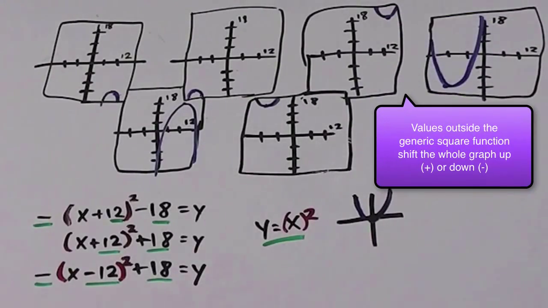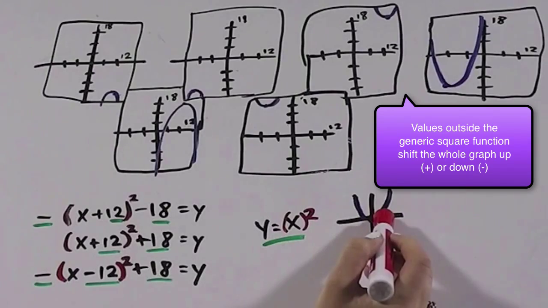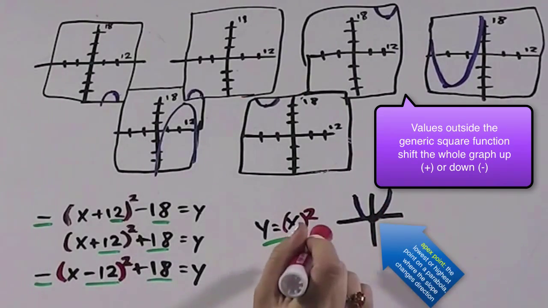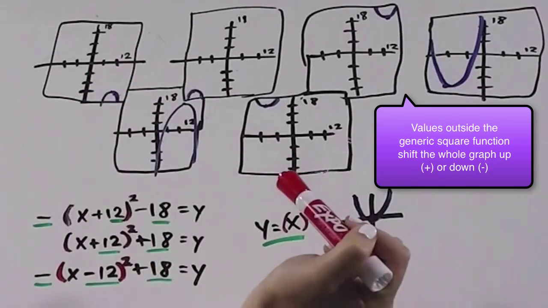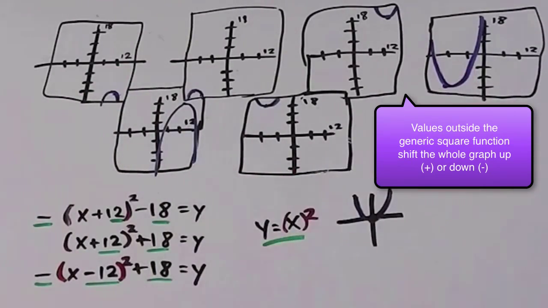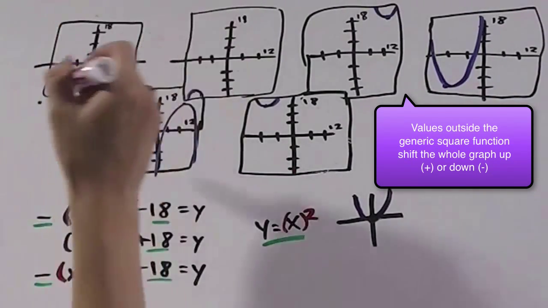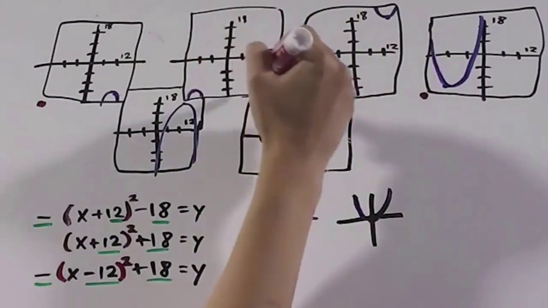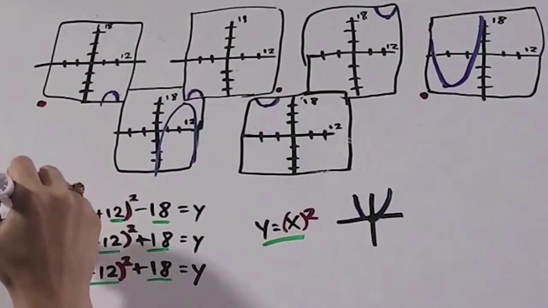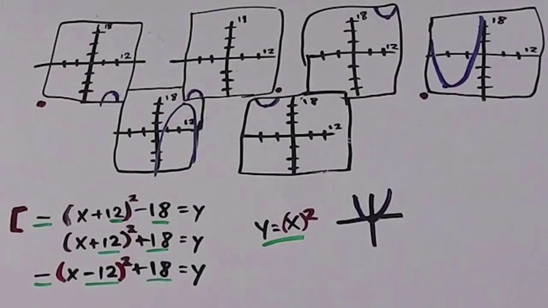So let's look for all the graphs that have an apex point of height negative 18. So this one's down there, and this one's down there, and this one's down there. So I'm just going to put a red dot next to all three of those. Red dot, and a red dot for this equation here.